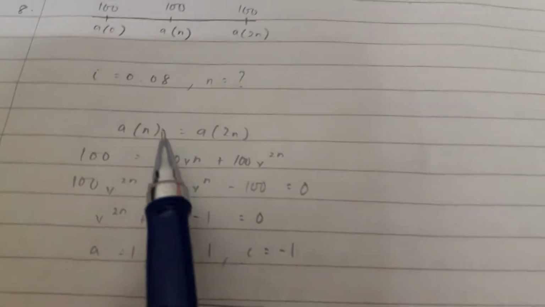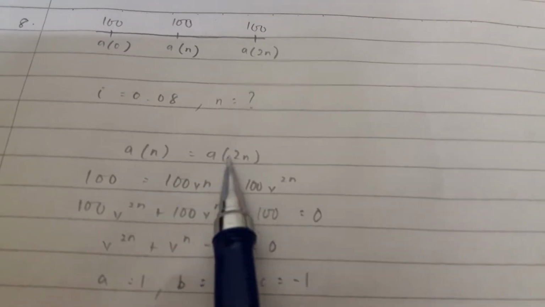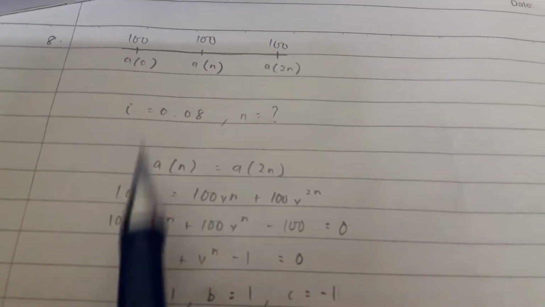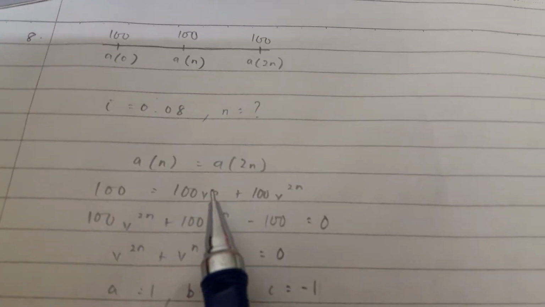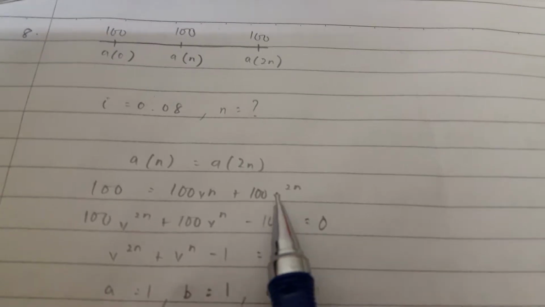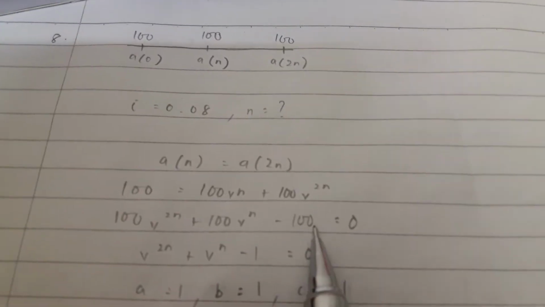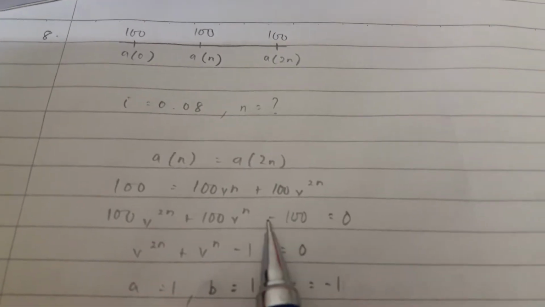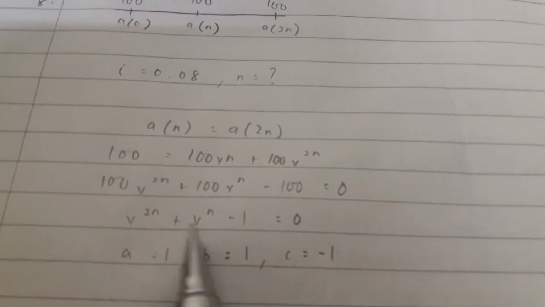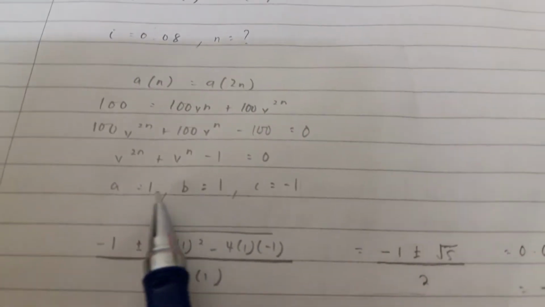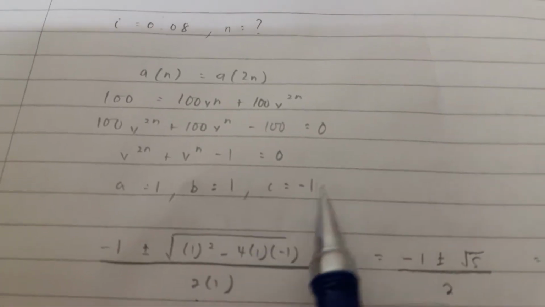To find n, we put 100 equals 100 v to the power of n plus 100 v to the power of 2n, and we'll bring it to the left hand side, and then we'll have this equation, where a equals 1, b equals 1, c equals negative 1.